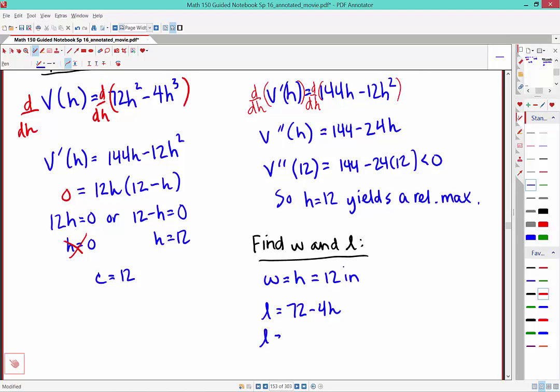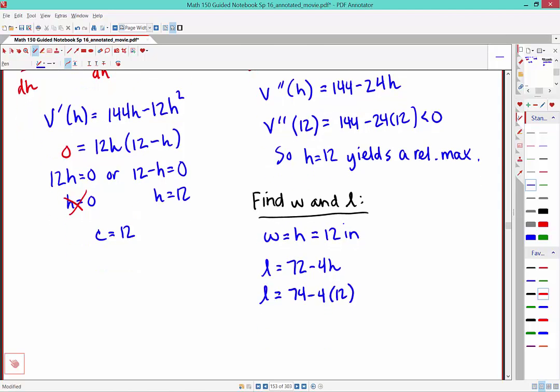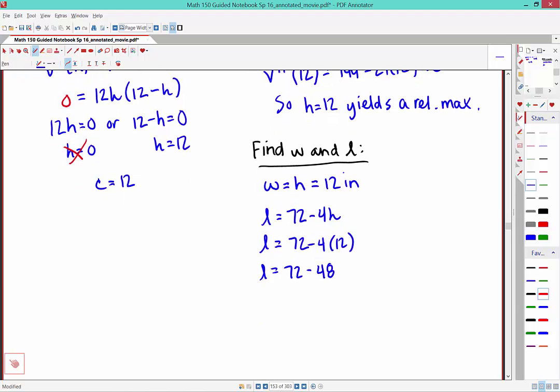So that would give us that the length is 72 minus 4 times 12, which will be equal to 72 minus 48. So the length would be 24 inches.